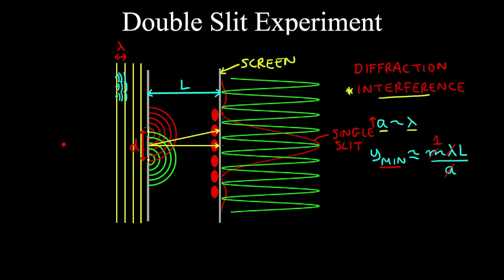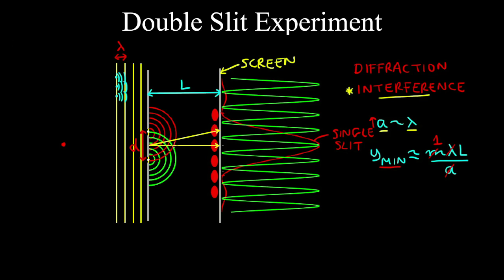Now assuming the waves that propagate from these slits are coherent, so basically they're in the same phase, then as they propagate to the screen and interact with each other, constructive and destructive interference of these wavefronts results in bright and dark bands on the screen.